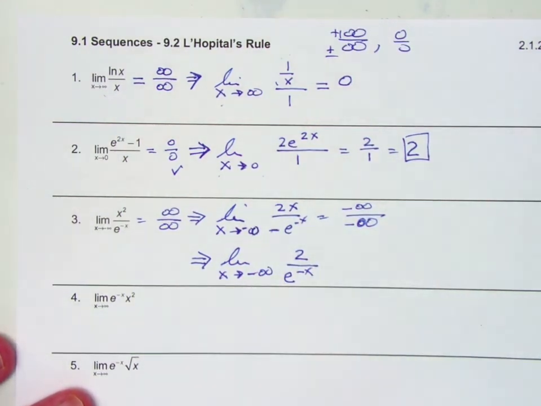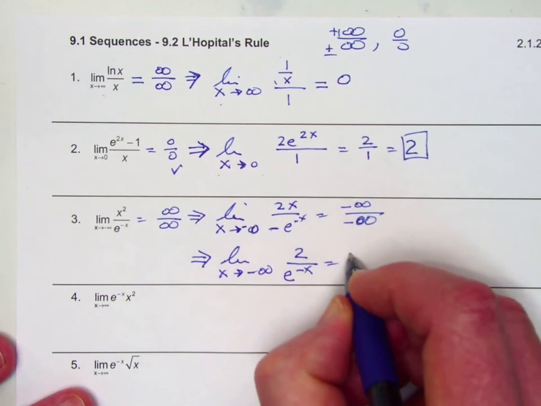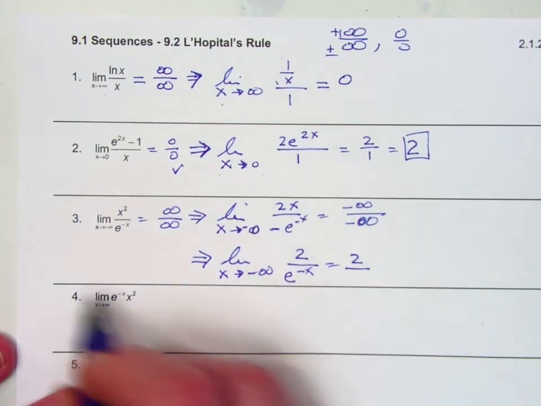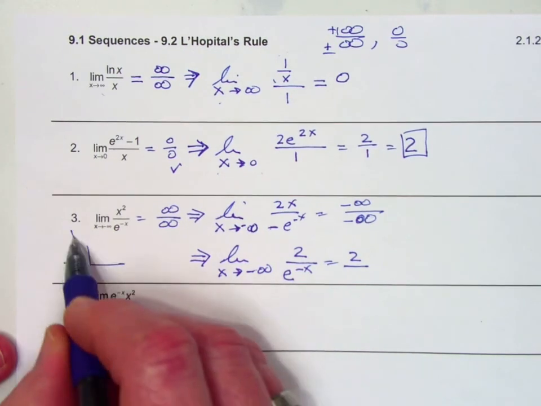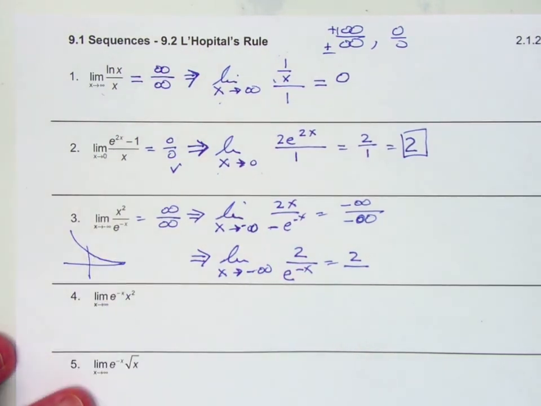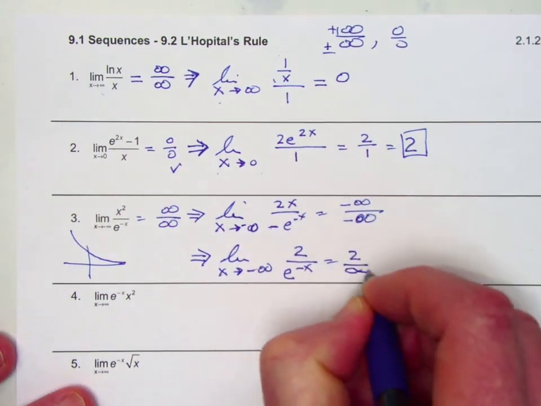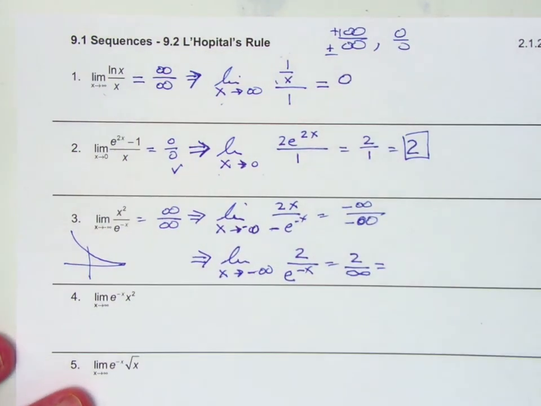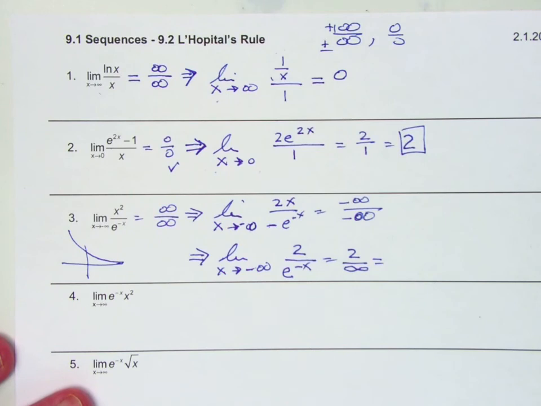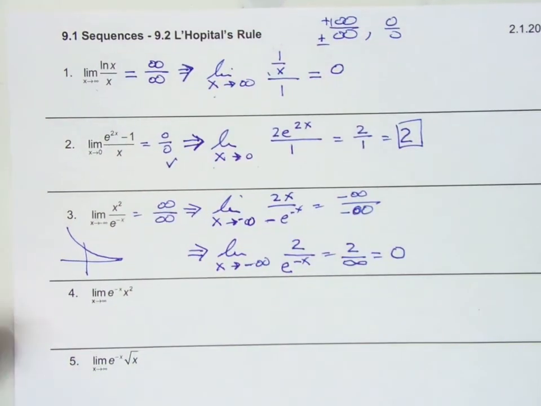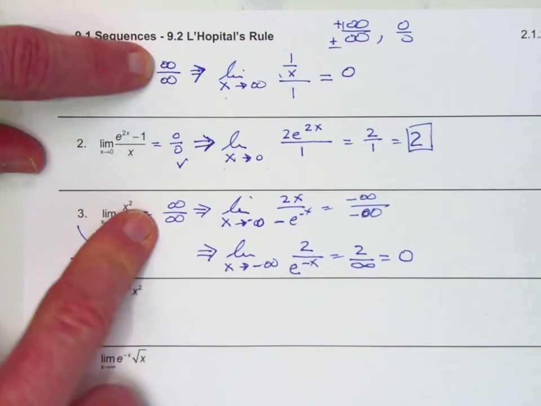Well, now we get 2, and then what's on the bottom? As x goes to negative infinity, remember that's e to the negative x, it goes to infinity, and if I take the value of 2 and divide it into many, many, many parts, what do I get? It is actually 0.